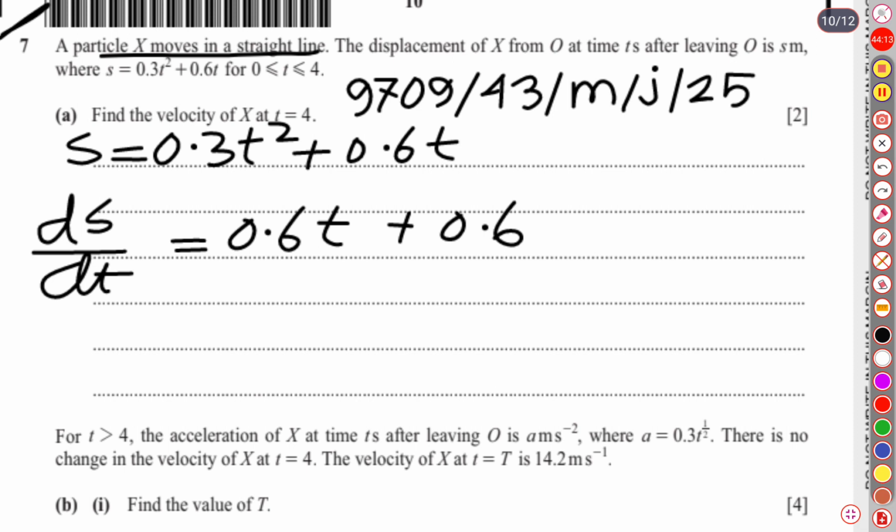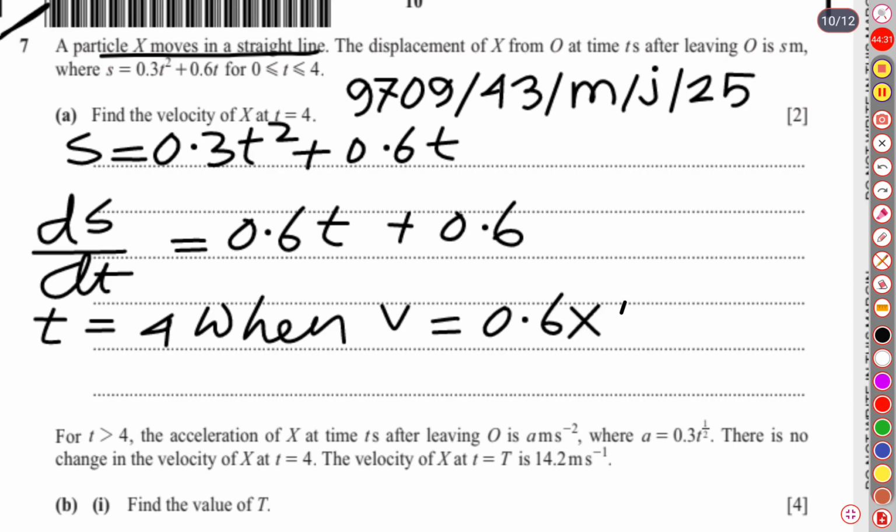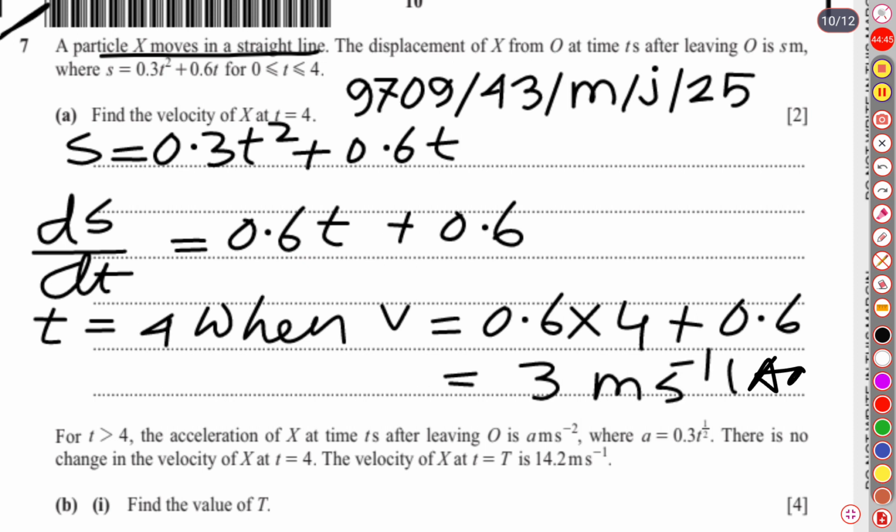So when t equal to 4, our v is going to be 0.6 into 4 plus 0.6. Okay, then it is going to be nothing but 3.00 meter per second, which is the answer to the simplest part of this solution.